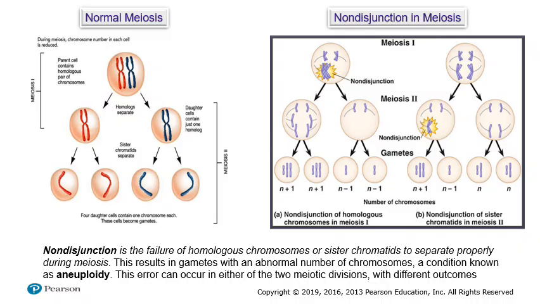What if the non-disjunction happened during the second meiotic division? In this case, the first division was perfect. The homologous chromosomes during the first meiotic division managed to separate successfully. One daughter cell managed to do a perfect second meiotic division, so its daughter cells will be perfect haploids.